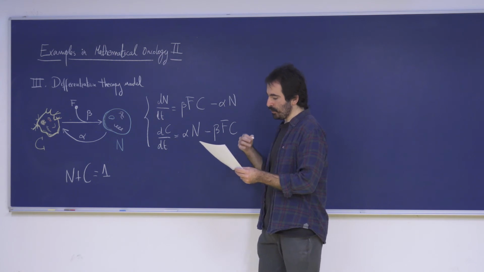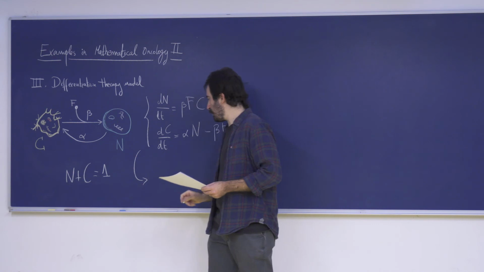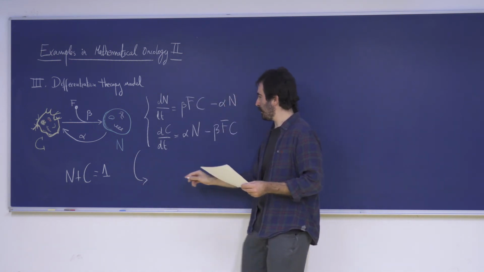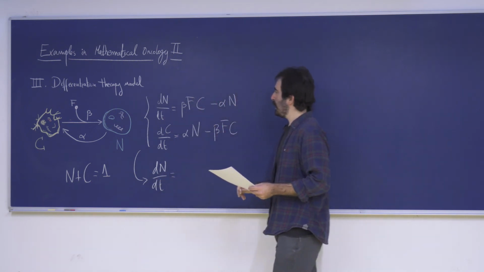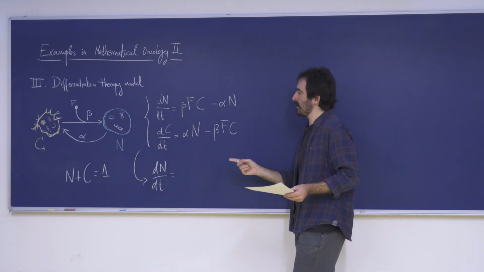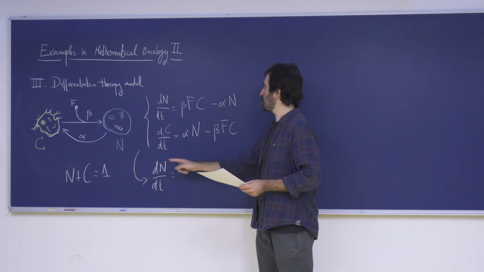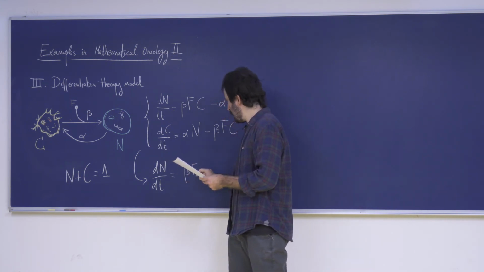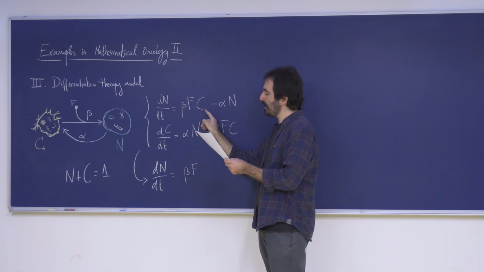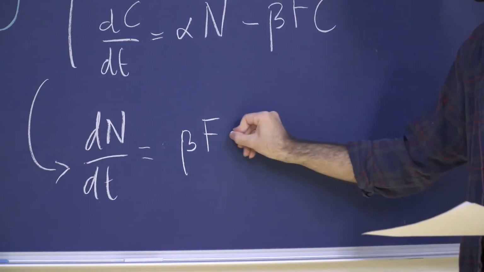In fact, we're going to use the variable n, and we're going to approximate this problem by the following. Here we have that C is 1 minus n, in virtue of the constant population constraint. Therefore, this whole equation can be written as this: beta n, and notice I'll have 1 minus n in here, substituting from the constant population constraint, which means that I can just rewrite the whole thing as follows.